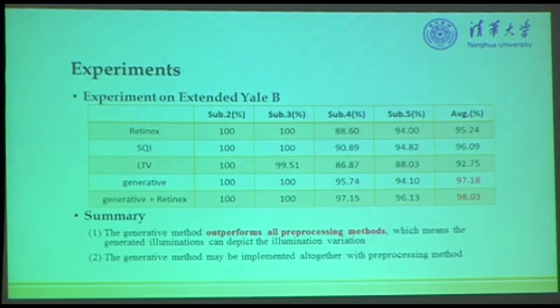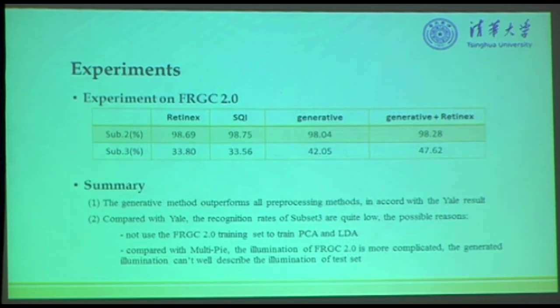And for the second point, our method can be implemented together with the pre-processing methods and get a better result. And the experiment on FRGC also shows the same result. That is, the generative method outperforms the pre-processing methods.